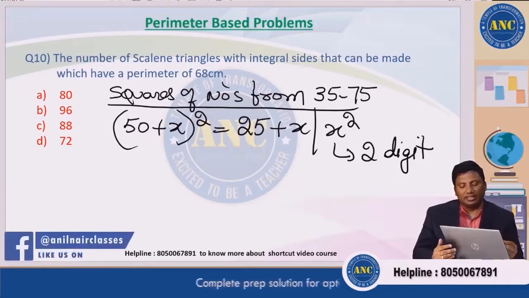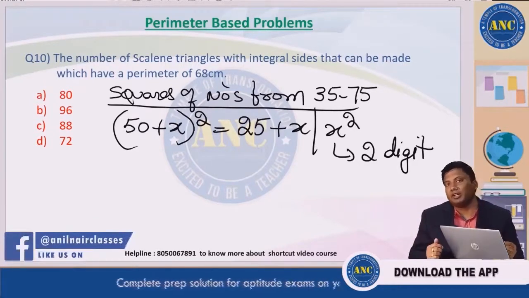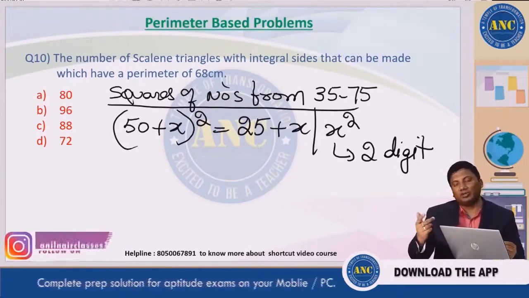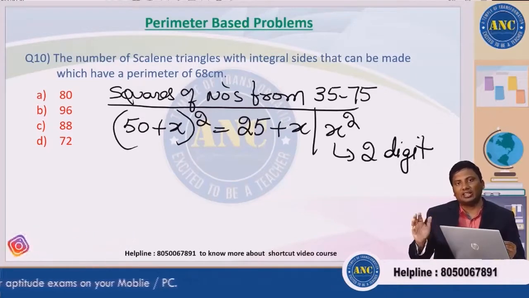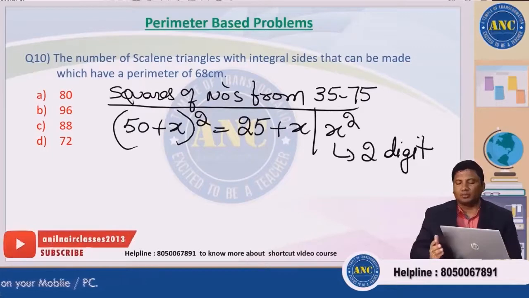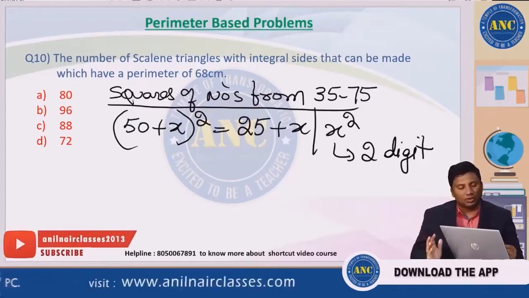It's very easy to prove. Open the bracket of (50 plus x) whole square: 50 square is 2500, 2 into 50 into x is 100x, plus x square. The slash before the 2 digits is nothing but multiplying by 100.